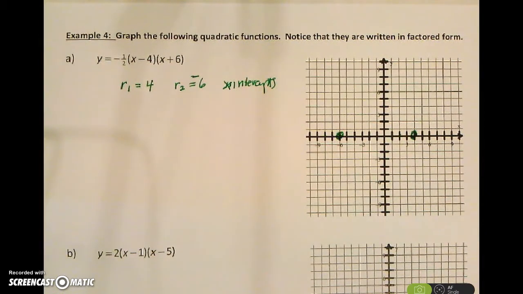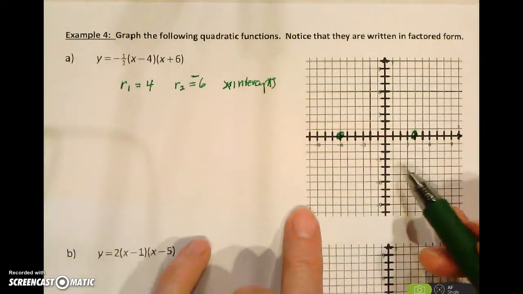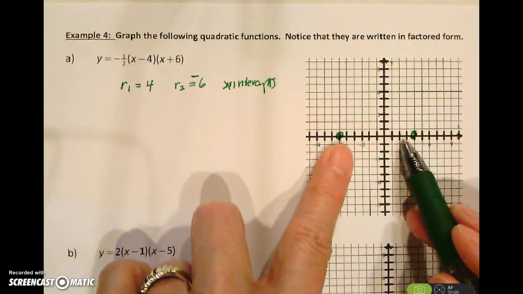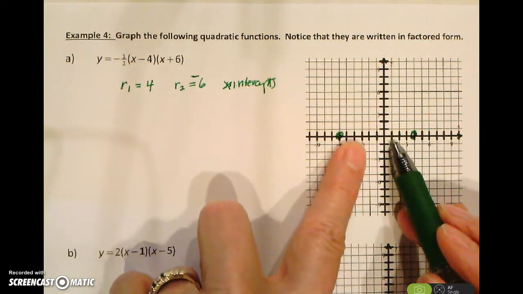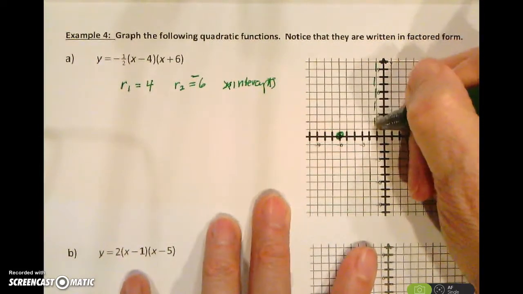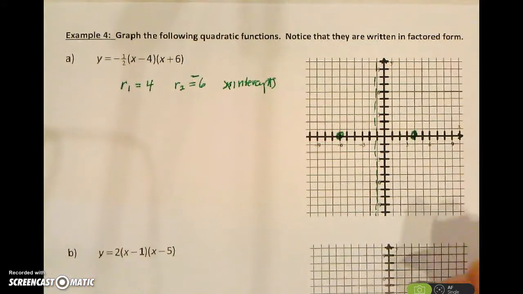Now I'm going to use symmetry to figure out the axis of symmetry. It looks like it would fold up there, so I'm going to come in 1, 1, 1, 1, 1. I'm getting negative 1 to be my axis of symmetry.